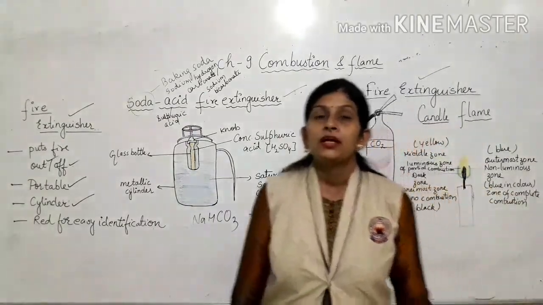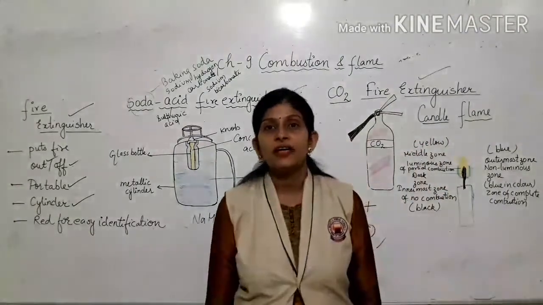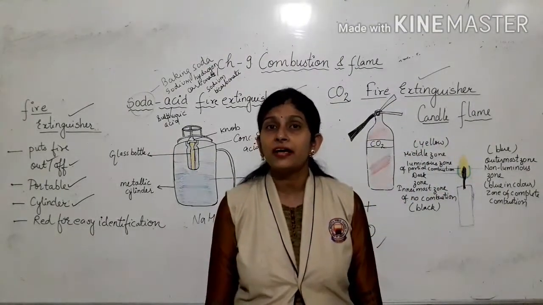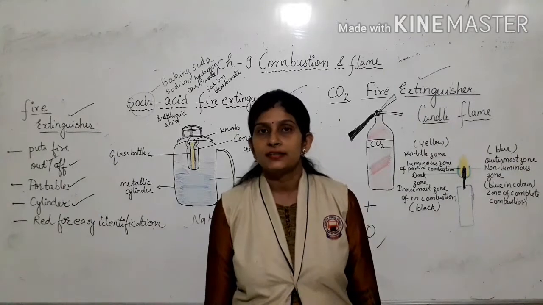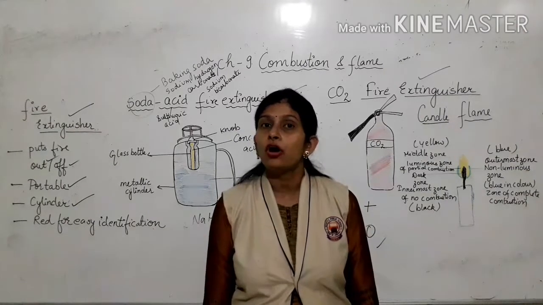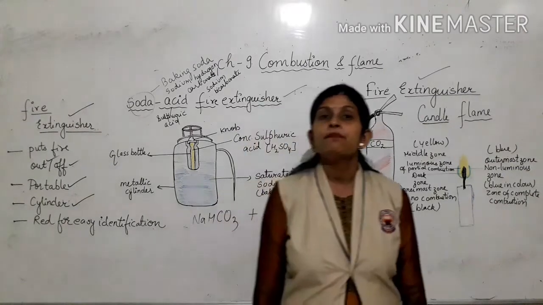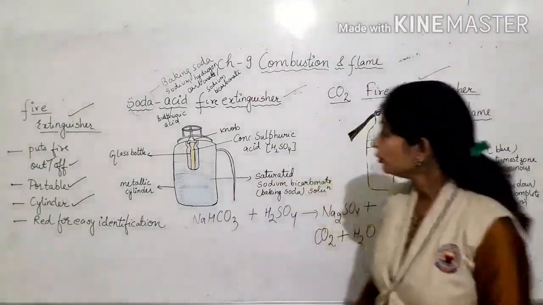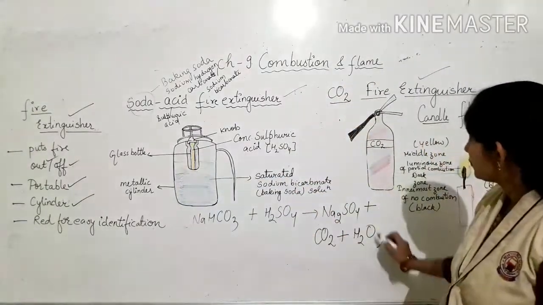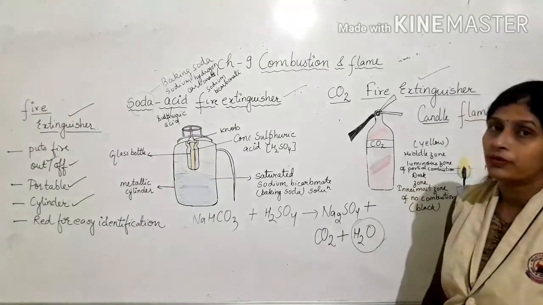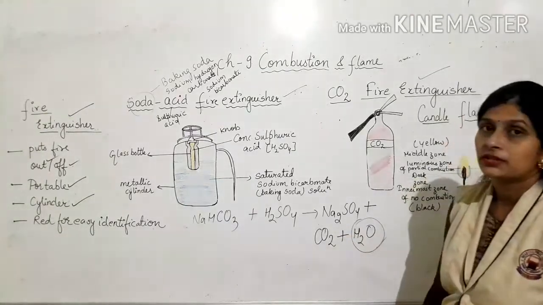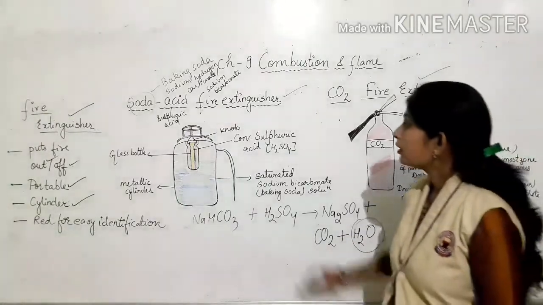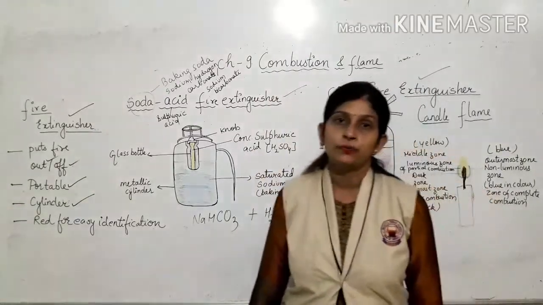Now, soda acid fire extinguisher is not effective in oil fires. It is not used in oil fires. Why? Because you can see in the reaction water is also formed along with carbon dioxide. So, water is also released out.